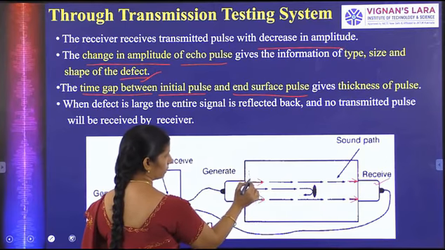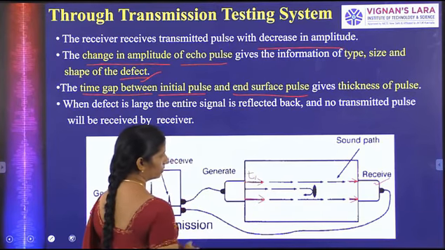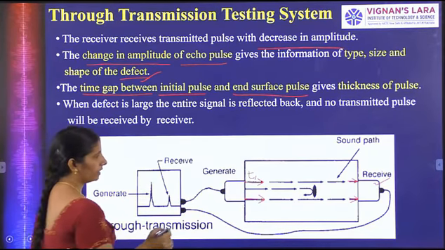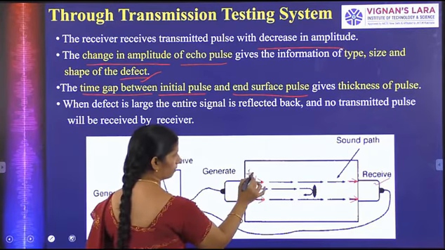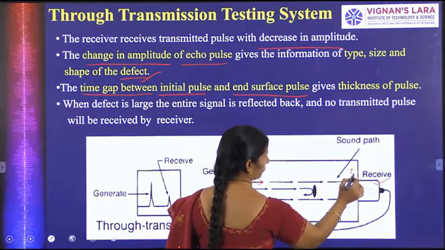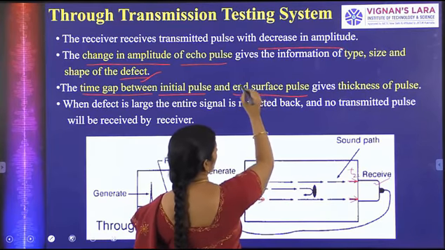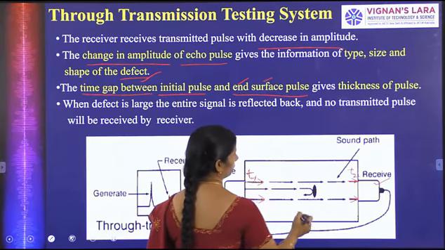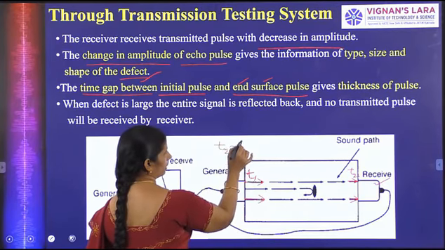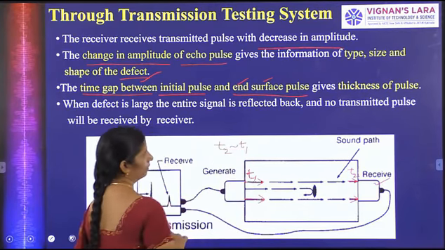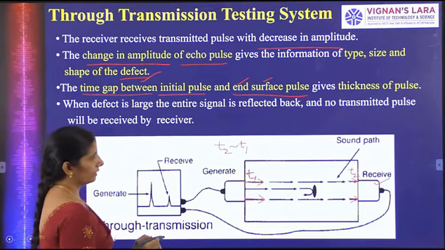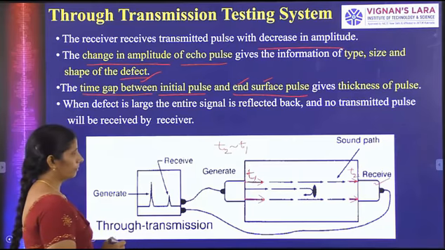Suppose the time of the initial pulse is T1 and the time of the end surface pulse is T2. The time interval between these two, T2 minus T1, gives the thickness of the material. So we can determine the thickness of the material.